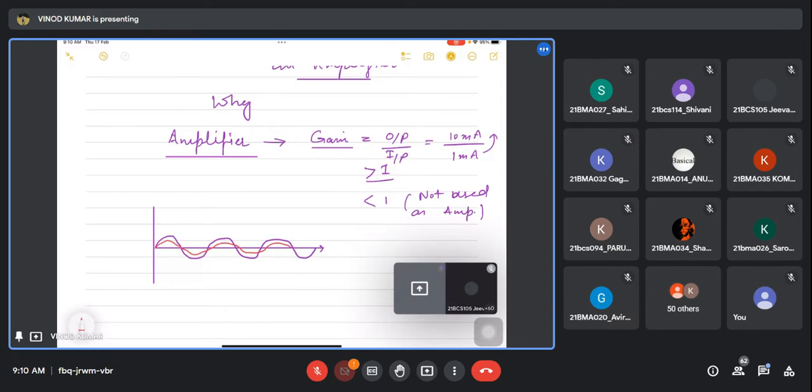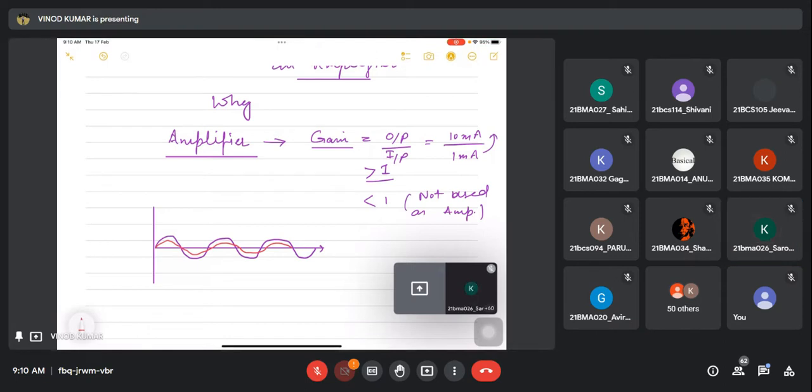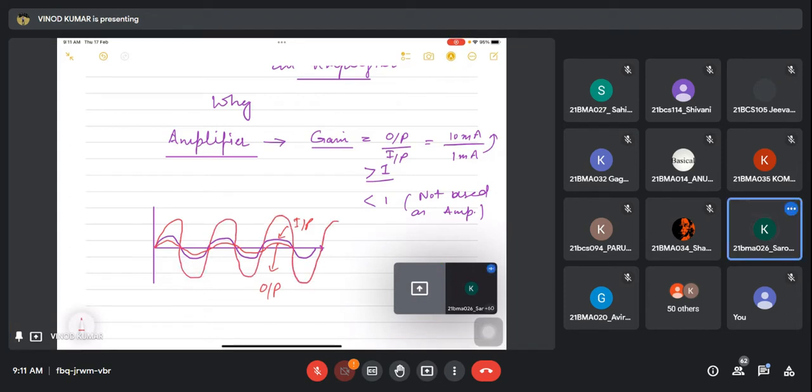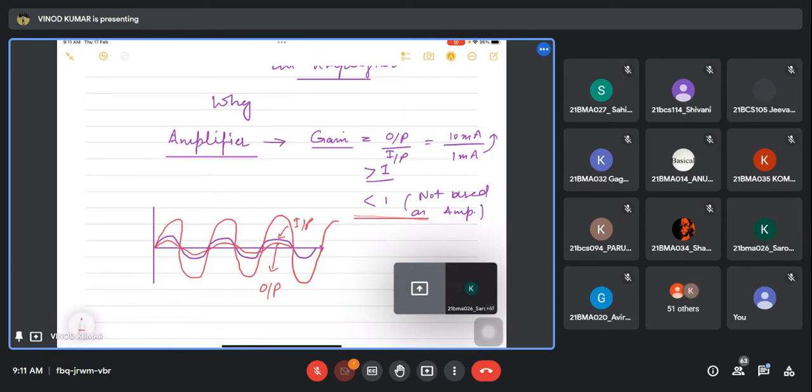Hello, yes, sir. If this red line is output and this is input, so this is an amplified signal or not? No, sir. Okay. Amplified signal should be like this, right? Yes, sir. That is what we have to see.